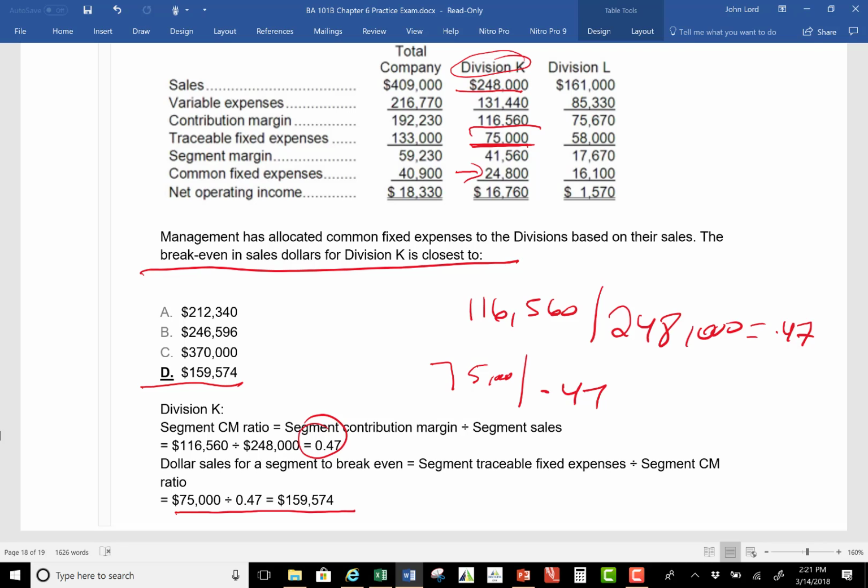In fact, you're required to allocate common costs to a segment for segment reporting, but not for an analysis like this. That's why I didn't like them calling it reporting at the beginning. This is analysis, not reporting. Question?